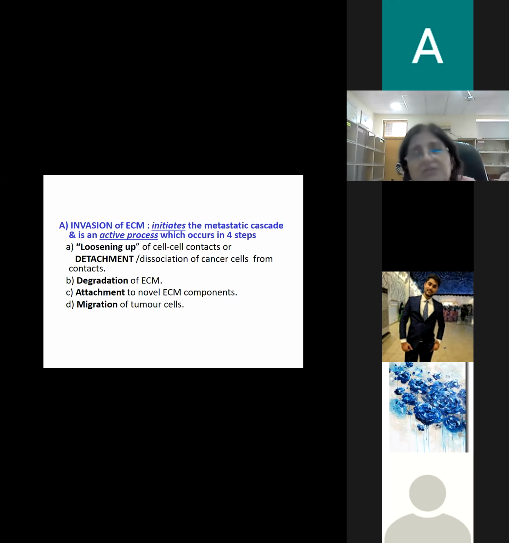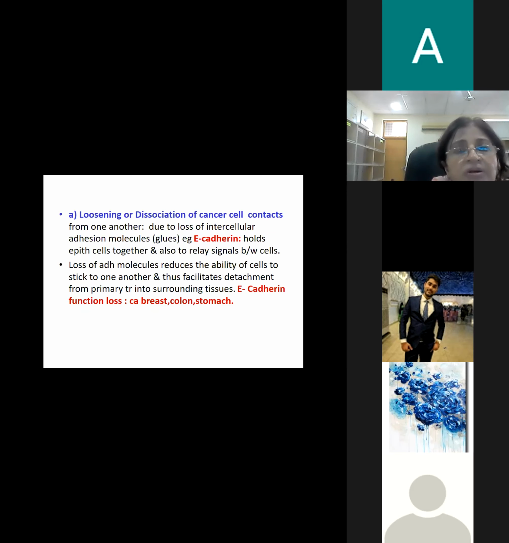Then these malignant cells, which have been loosened up and have degraded the extracellular matrix, attach to the modified extracellular matrix components which have been degraded. They attach to them, and then they migrate out and invade the blood vessels.